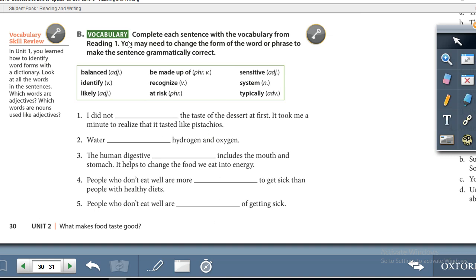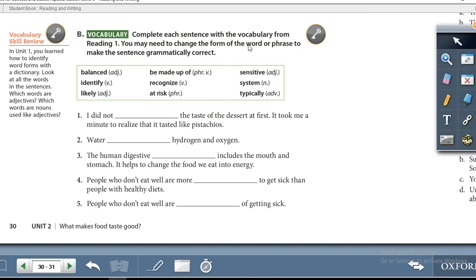So once again, let's read through the instruction, because as you can see, it's quite self-explanatory. Vocabulary: complete each sentence with the vocabulary from reading 1. You may need to change the form of the word or phrase to make the sentence grammatically correct, right?